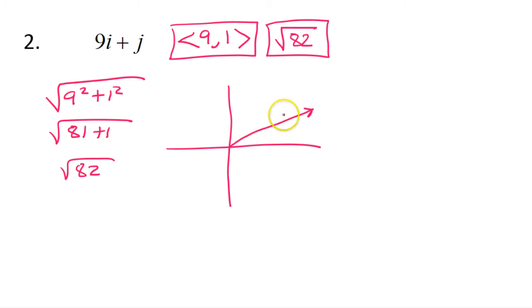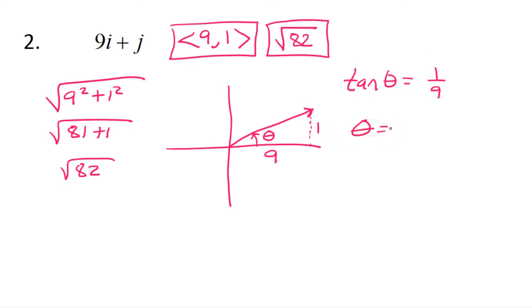I'm not drawing this to scale. We will not need a reference angle as a middleman. We can just go ahead and find the direction angle directly whenever it's in the 1st quadrant. So since this is right 9 and up 1, we can find this direction angle by doing tangent. So the tangent of theta will equal 1 over 9.